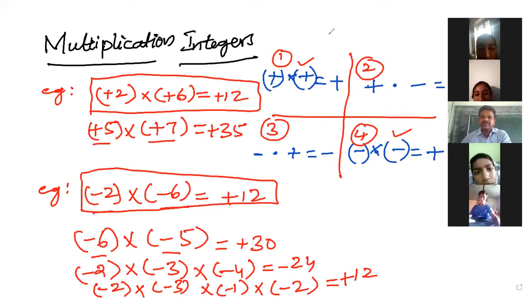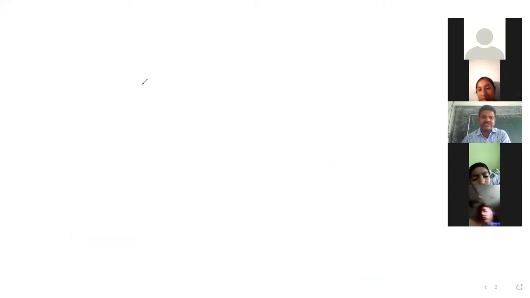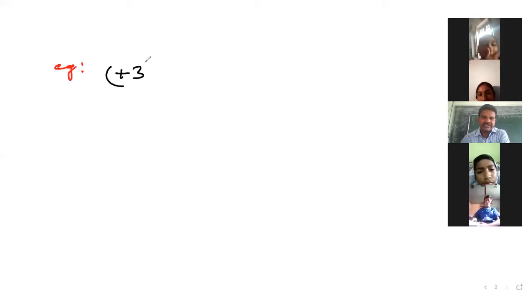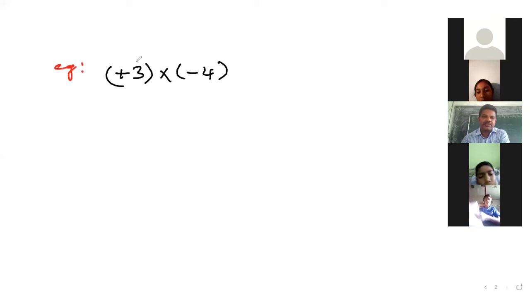Okay. If you want, you can take a screenshot. Then I will go for the next one. I will take that next paper. Next, third case. For example, just taking one example here. +3 into -4. Yes, one is positive and another is negative.